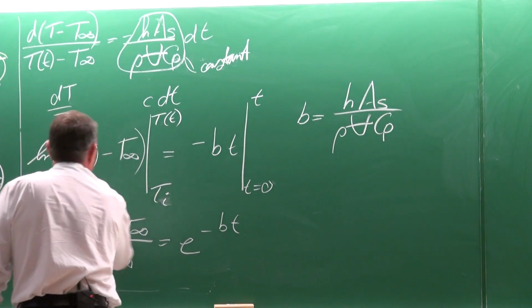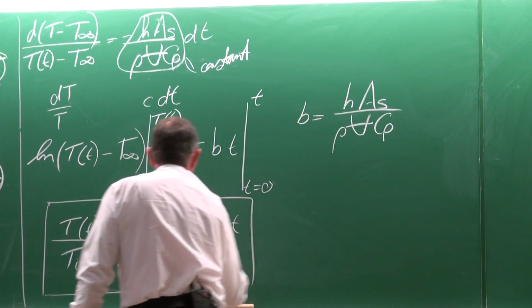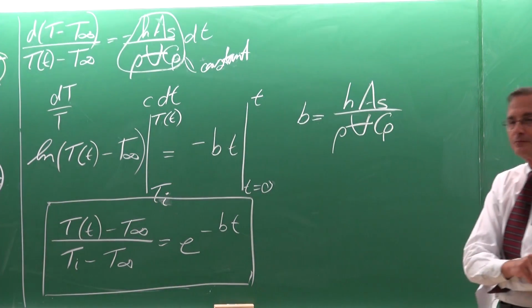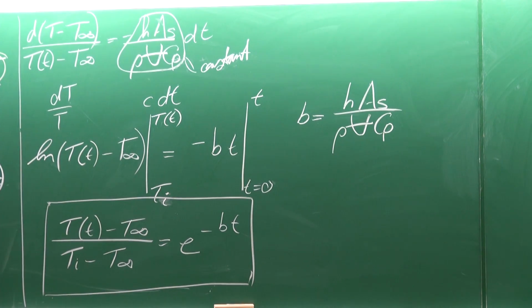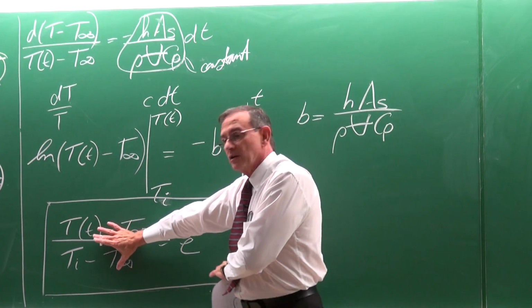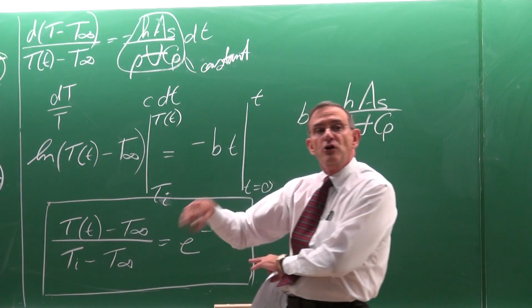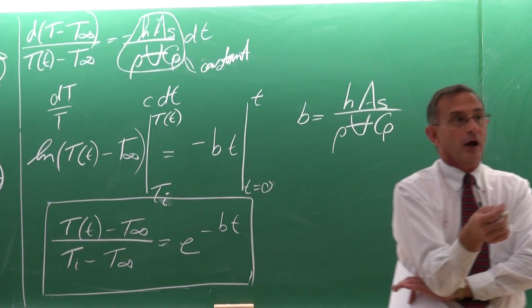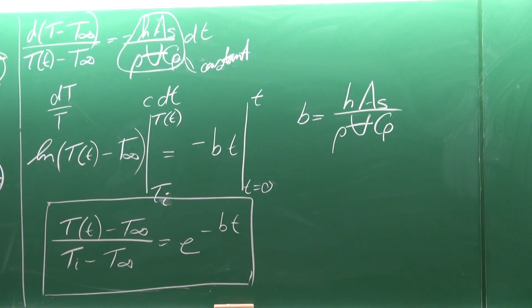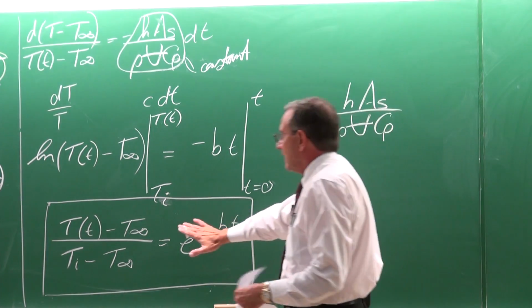And that is now the final equation for us, for the lumped system approach. Take note of the temperature, which has now been written in a non-dimensional format. And we are going to do it a lot in this module. Write the temperatures in a non-dimensional format.